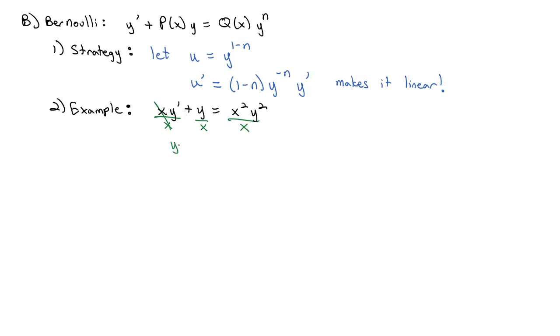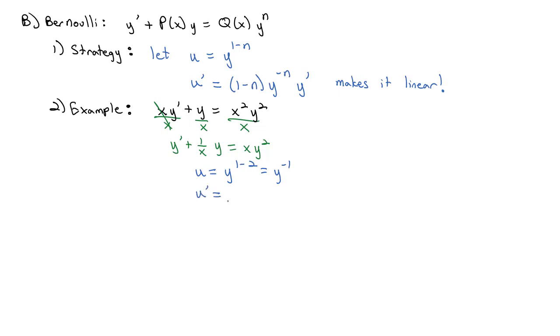And when I do that, we'll get y prime plus 1 over x times y equals x times y squared. And now it's Bernoulli, almost linear, which is what's going to prompt me to make my substitution that u is equal to y to the 1 minus, in this case because we have a y squared, 1 minus 2, which is y to the negative 1.